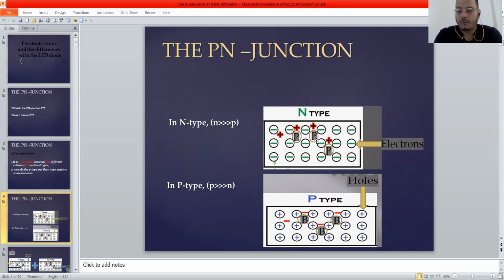Here we used phosphorus, which has 5 electrons in the last shell. P-type has majority holes and minority electrons, and this element is boron, with 3 electrons in the last shell.